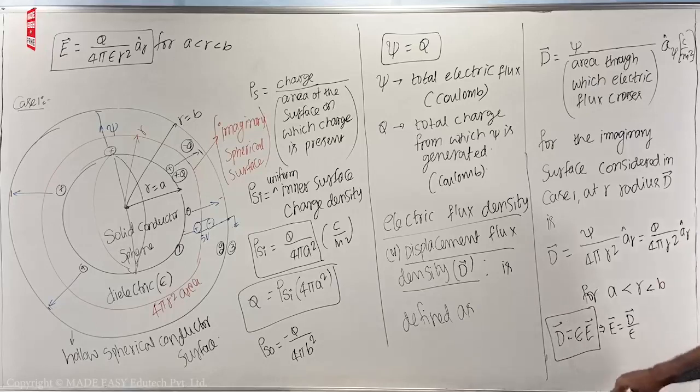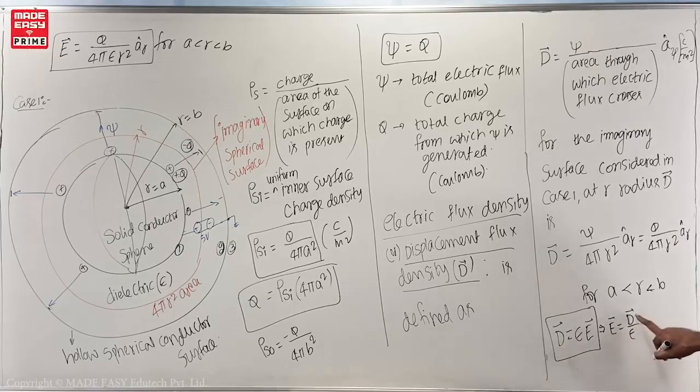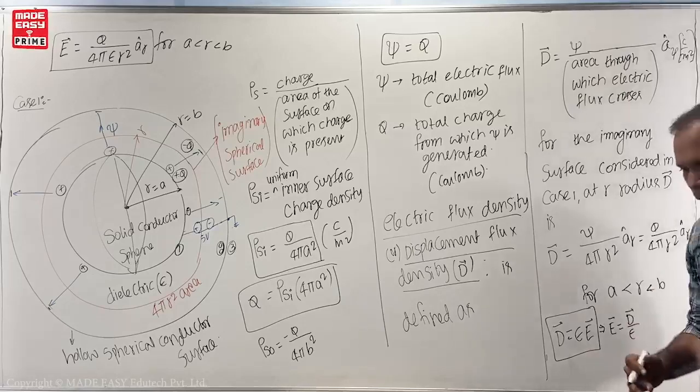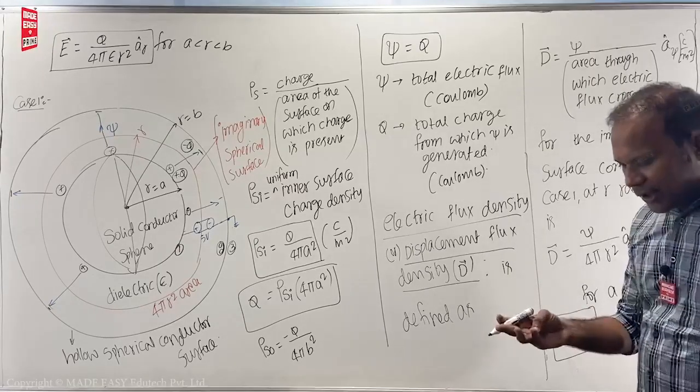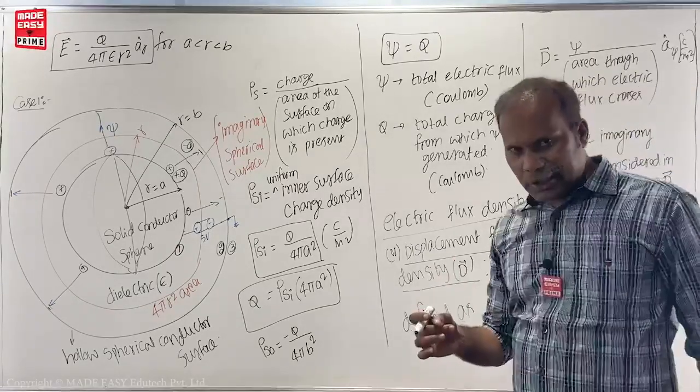This is a very important relation. In any case, if you know D bar equation, then you can find the electric field equation. Otherwise, if you know electric field equation, then you can find D bar equation. Till now, we know the electric field equation of point charge, line charge, surface charge.